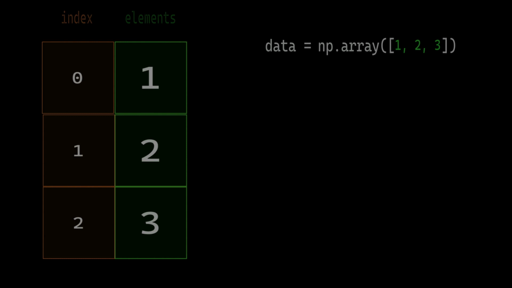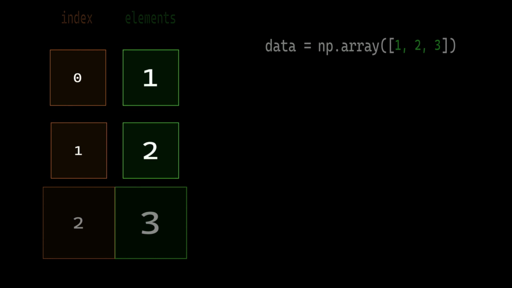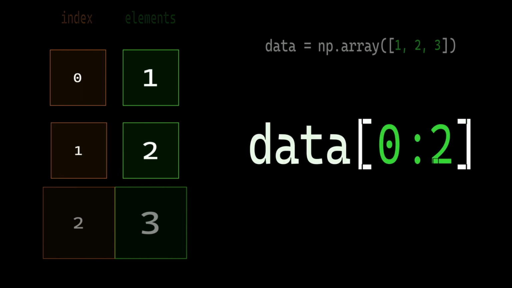We want to extract elements at indices 0 and 1, which are 1 and 2. We can access the elements at indices 0 and 1 like this. The square brackets are used to access elements of the array.